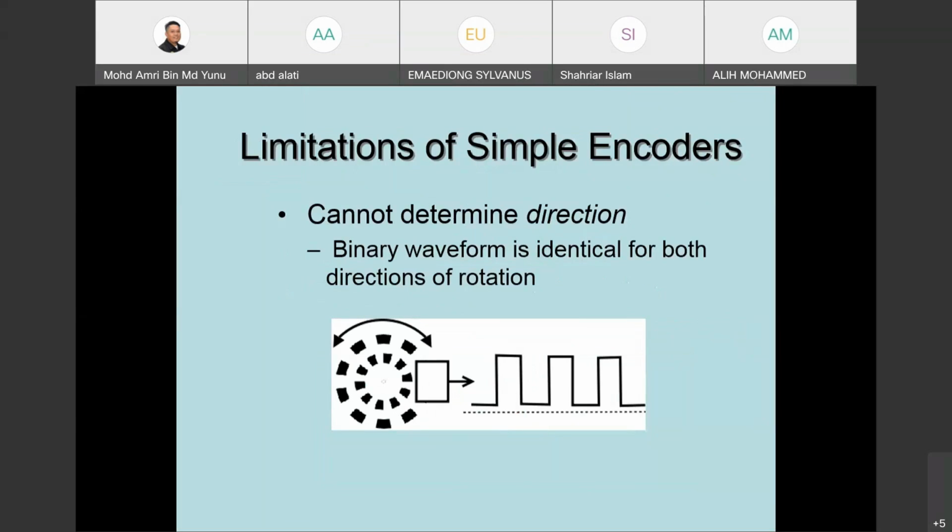The limitation of this encoder is that it cannot determine which direction the shaft turns. Whether it is moving clockwise or counterclockwise, it will give the same pattern, but it can be used to detect the velocity.